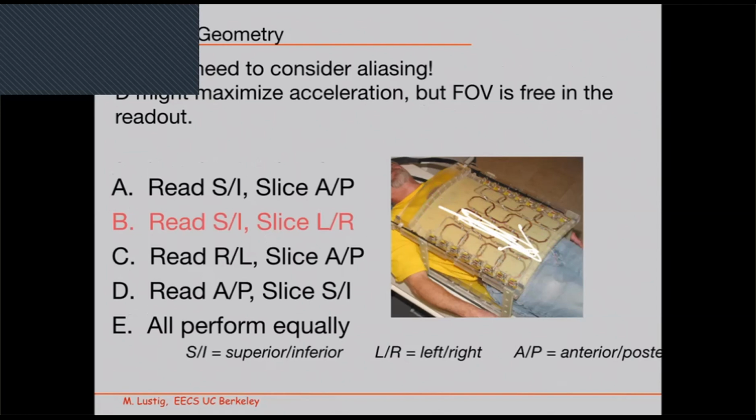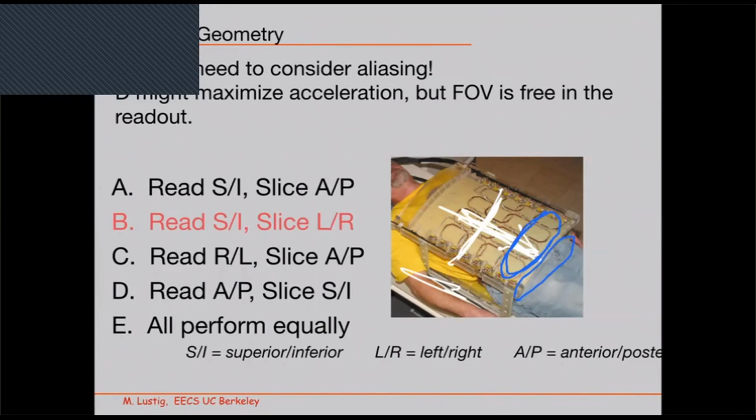You want the slice to be in this direction because of the hands. You could remove the hands by doing slice selective. Does that make sense? And then the phase encode should be in the third direction. So effectively, from that point of view, you have kind of 4 by 2 acceleration.